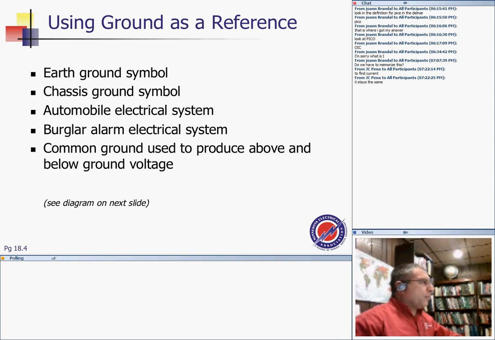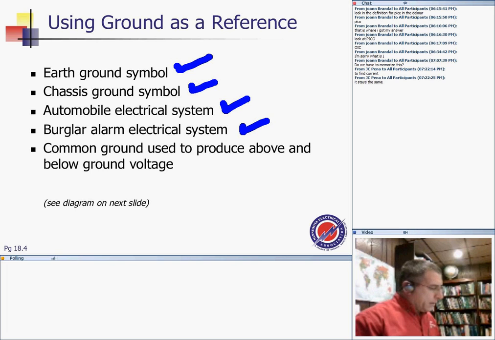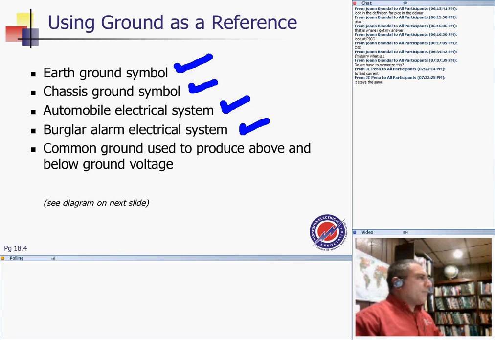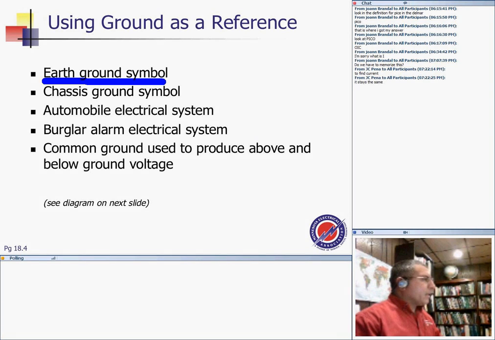Guys, about the voltage, polarity, and so forth that I discuss here before I go into my second section. We're going to go through the earth ground symbol that we use, the chassis ground symbol, automobile electrical system, burglar alarm, common ground used to produce above and below ground voltages in low voltage systems. The earth ground is used a lot in the power industry as we ground the service to earth.